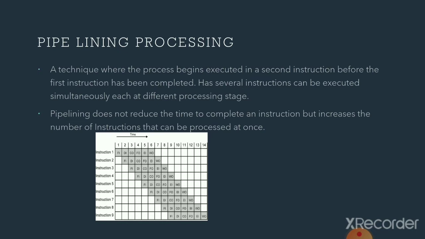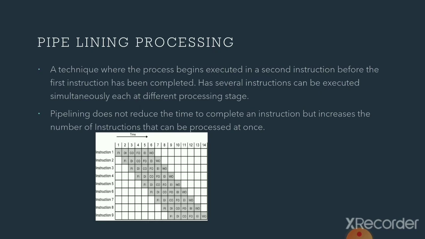Every instruction has an execution cycle or some steps: fetch instruction, then decode instruction, then calculate operand address. First you have to find the address of the operand, then fetch the operand, then execute the instruction, then write the operand.